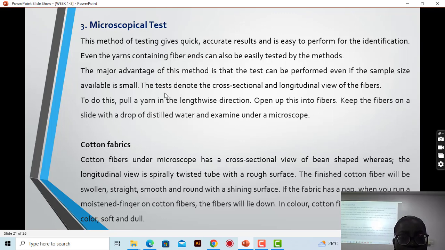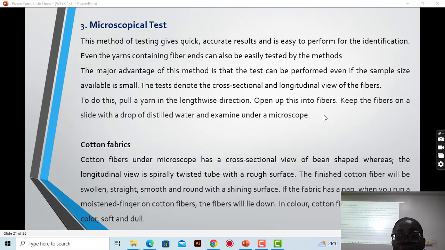Okay. So the test denotes a cross-sectional and longitudinal view of fibers. This is what I have explained already. The latter part of the explanation for the microscopic test is what I just explained about pulling out the yarn and spreading it.